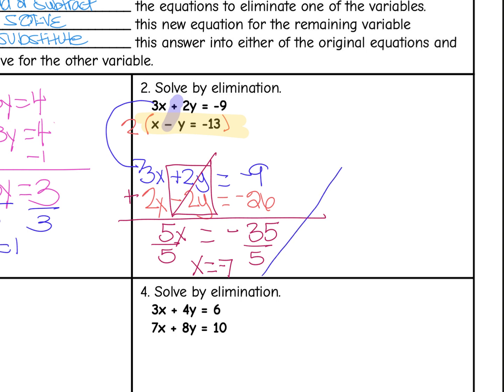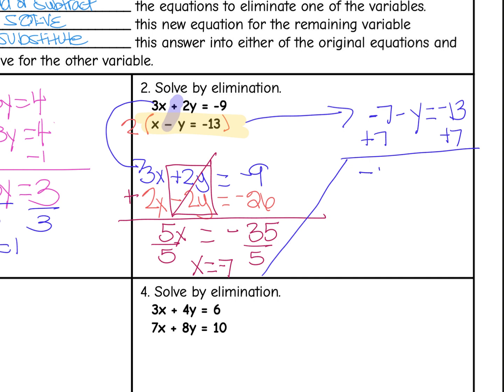So I'm going to go back up here, take this equation, and here I have x value, so I'm going to plug in negative 7 minus y equals negative 13. And now I'm simply going to be solving for my y value. So I'm going to add 7 to both sides.